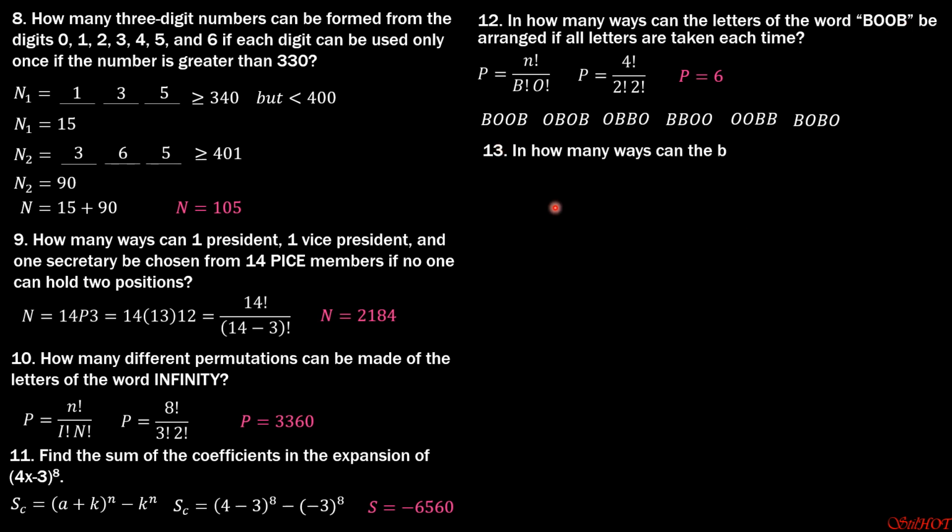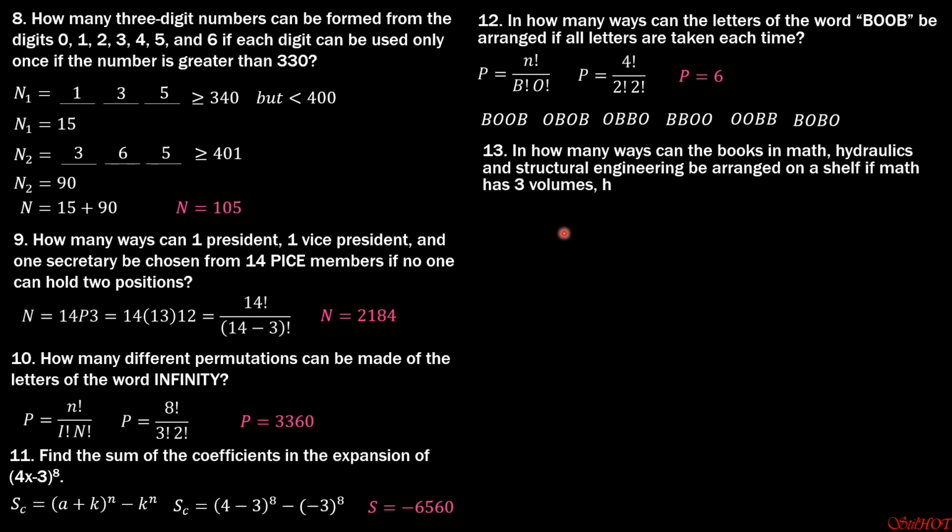Problem 13, in how many ways can the books in math, hydraulics, and structural engineering be arranged on a shelf if math has 3 volumes, hydraulics has 2 volumes, and structural engineering has 4 volumes?